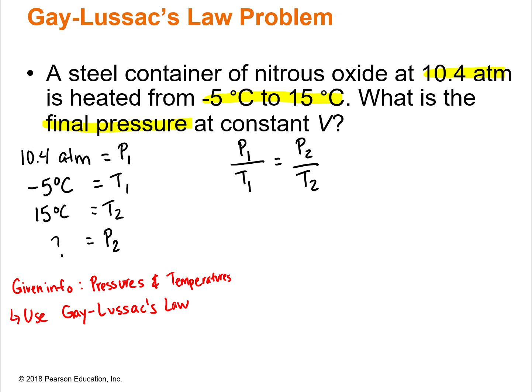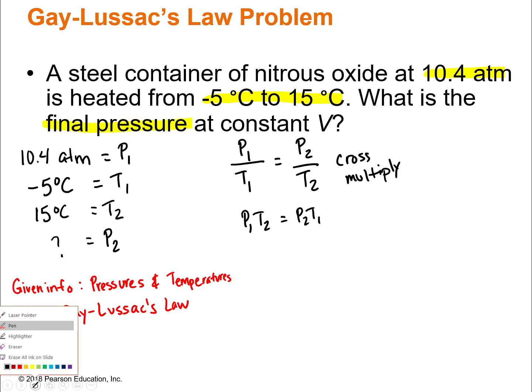So what you'll see is what I just wrote: P1 over T1 is equal to P2 over T2. But it's not going to say Gay-Lussac's law. It's also not going to tell you, hey, make sure that you have Kelvin in there first. It's just going to be the equation. We cross multiply. We're looking for the final pressure.